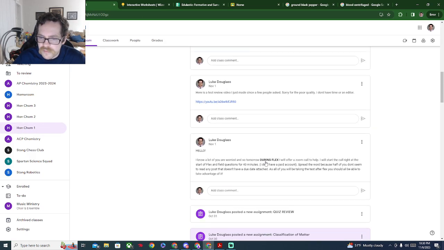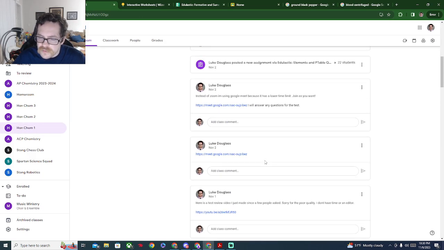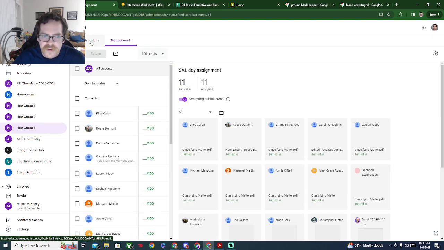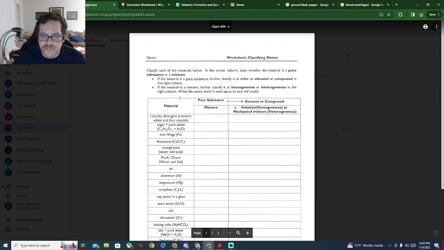Let's keep going, though. For a quick review for your assignment: when classifying matter as either a pure substance or a mixture, then as an element or compound, and a solution, aka a homogeneous mixture, or a mechanical mixture, aka a heterogeneous mixture.